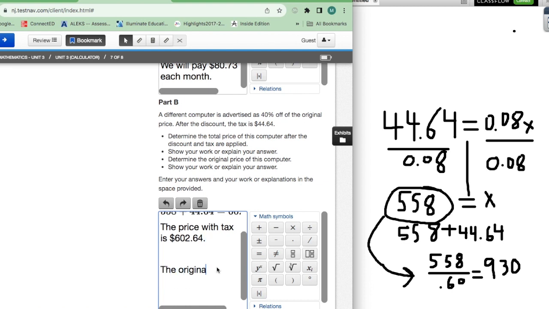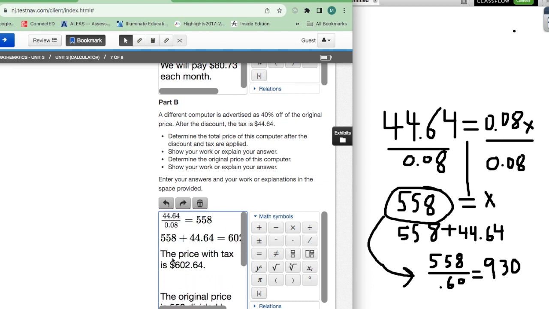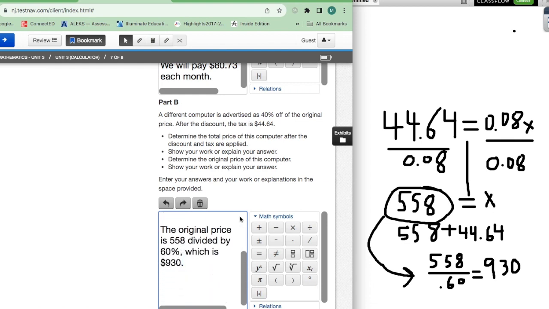We'll say the original price is 558 divided by 60%, which is $930. So it got discounted down. We still have to pay tax, but yeah, it got discounted down too.